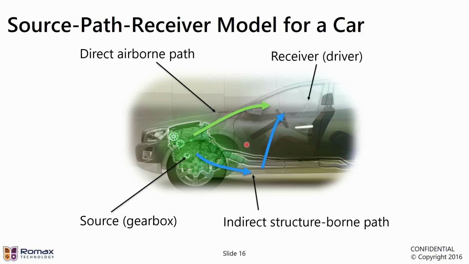I'm using cars as an example here, but it applies to any kind of structure like this. In this case, then, one of the common ways of dealing with problems is looking at the path, and we might look at the vibration mounts. We might look at putting additional noise treatment between the engine and the passenger compartment, for example. But again, the ideal approach is to look at reducing the noise at source.